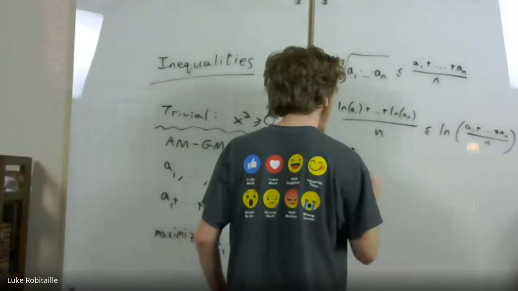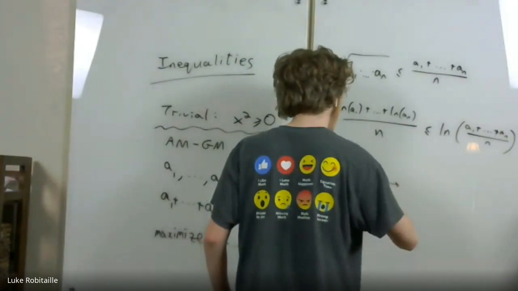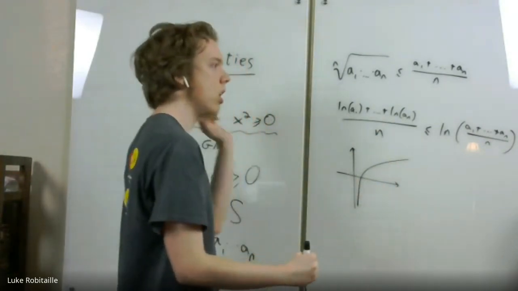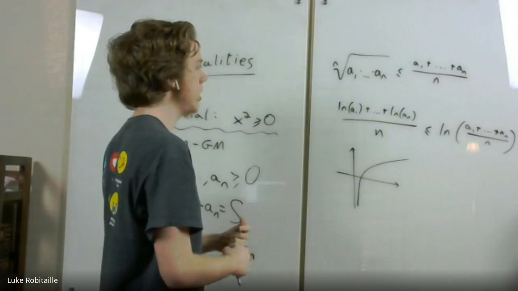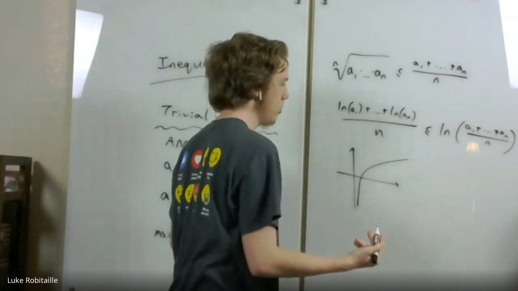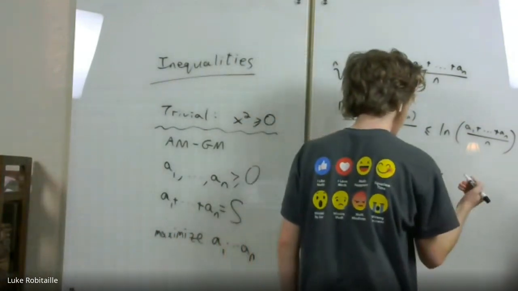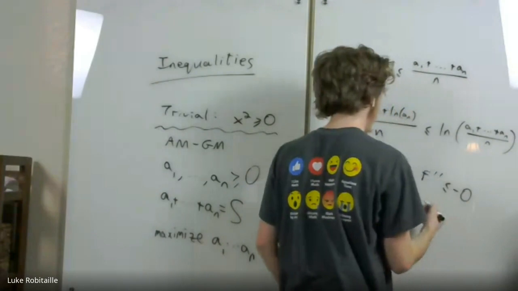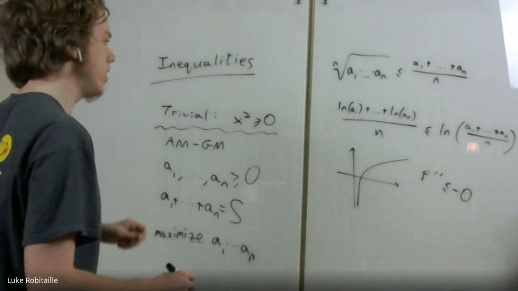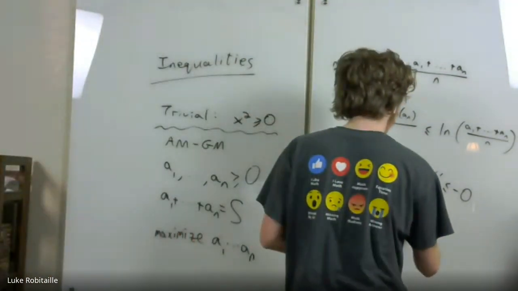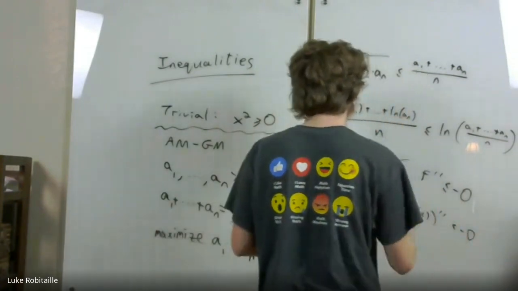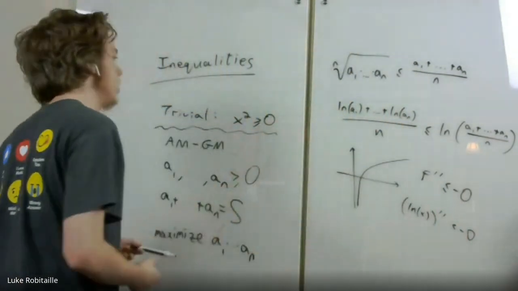Like with logarithm, the graph looks like this, and it's concave, meaning one way you can think of it is that its second derivative is non-positive. In fact, in this case, you can even say the second derivative of logarithm is negative, actually. And so you get something like this.